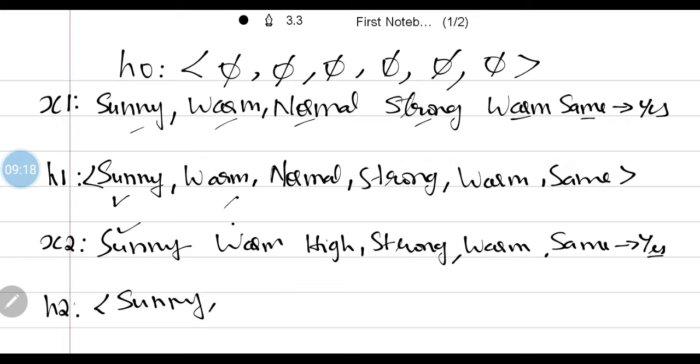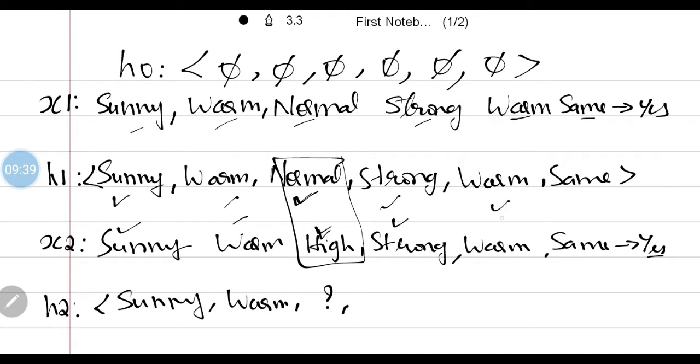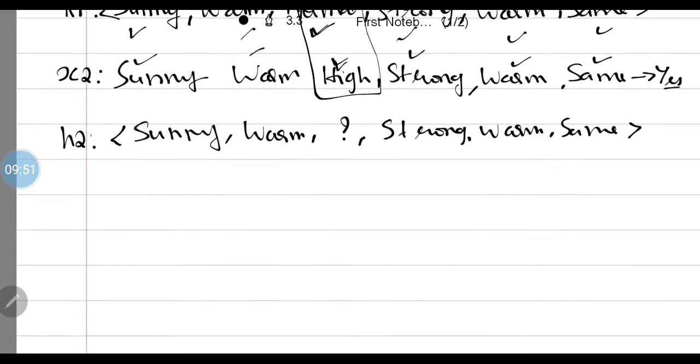The second attribute is similar again, we will make it warm. For the third attribute, we have normal here and high here. Both are from positive samples, which means both normal and high are allowed. So this third attribute will be converted to a question mark. Next we have strong, strong, warm, warm, and same, same, so they remain as they are. So strong, warm, same. This is the hypothesis at the end of the second iteration.